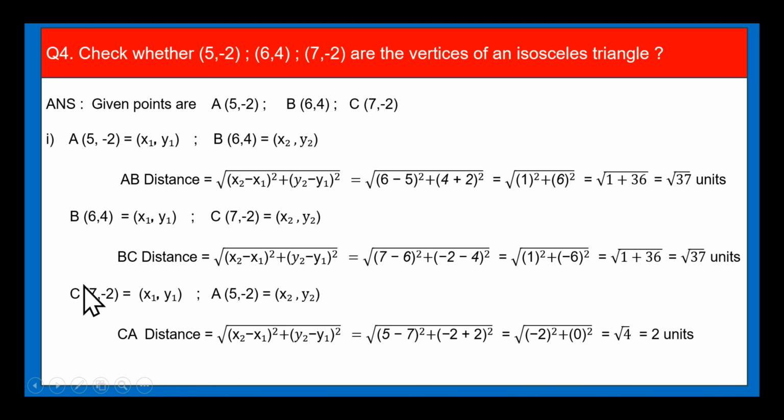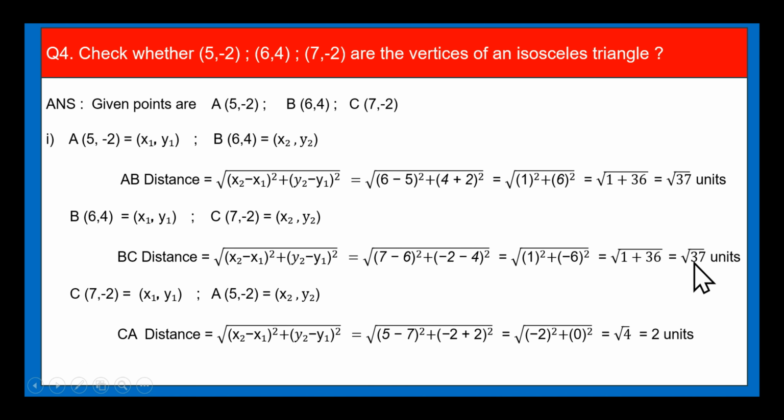This is (5 minus 7) whole square plus (minus 2 plus 2) whole square, since minus y1 means change the sign of minus 2. 5 minus 7 is minus 2, whole square. Minus 2 plus 2 is 0, square. Minus 2 whole square is 4, and 4 plus 0 gives root 4, which is equal to 2 units.